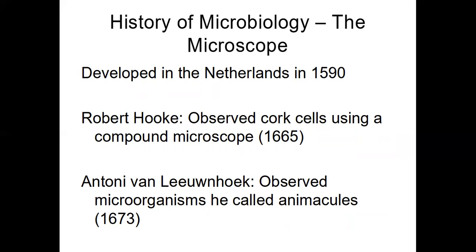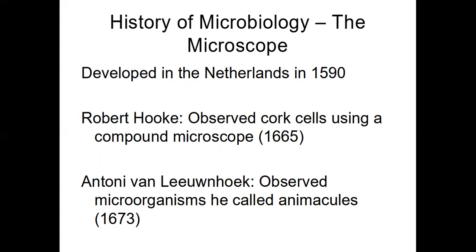But then people started using these devices to look at other stuff. Robert Hooke, Hooke's law of springs, things like that. He was the first one to look at cork cells using a compound microscope. That's where the word cells comes from, Robert Hooke. He looked in the microscope, he saw all these little boxes, and he thought they were like the cells monks prayed in. And that's where the word cell comes from.